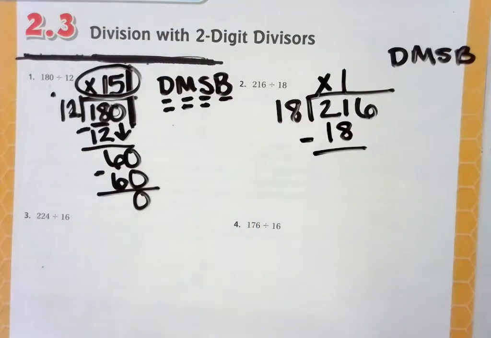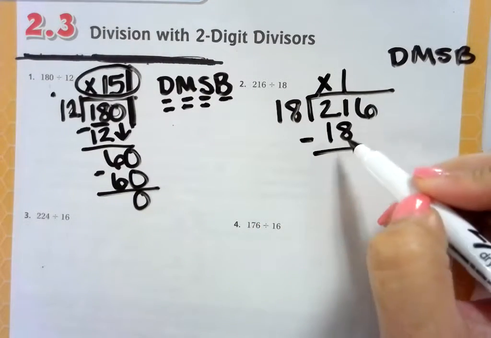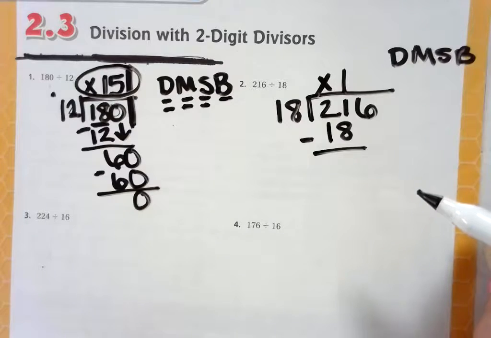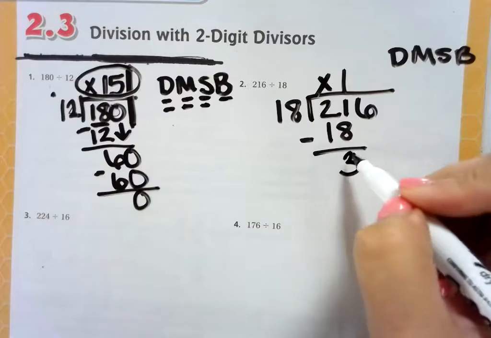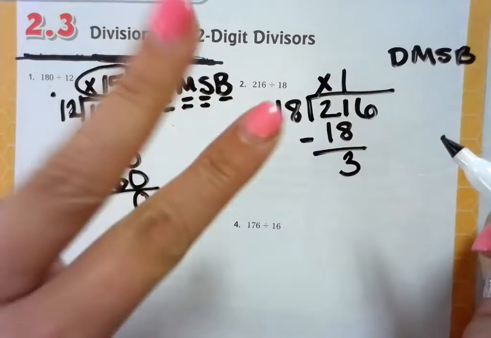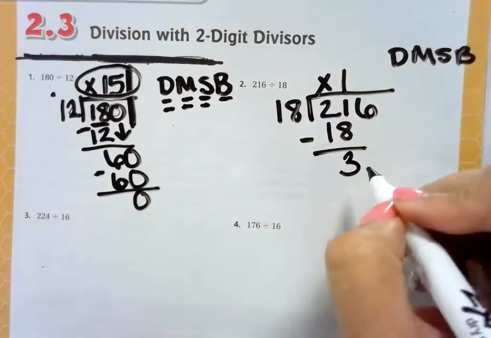I then subtract. 21, take away 18, leaves me with 3. Remember, I can count up.